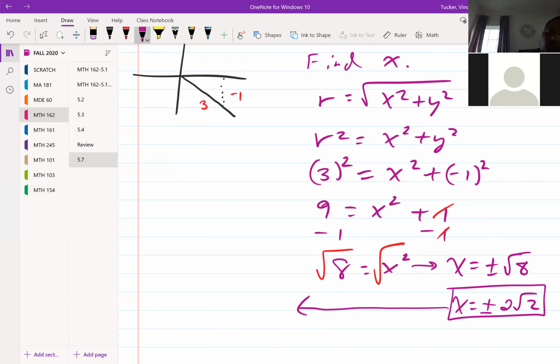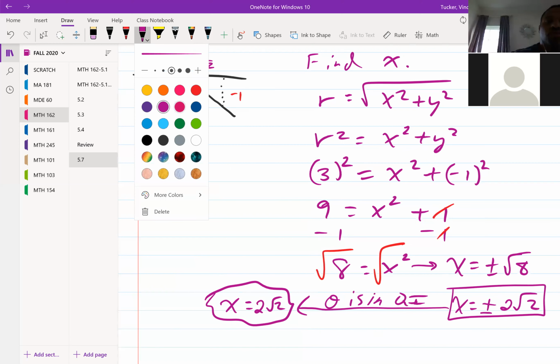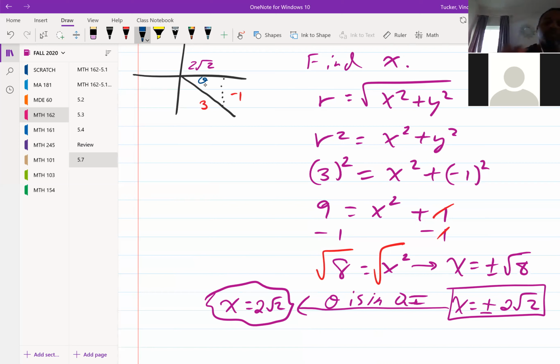And because theta is in quadrant 4, X is positive. Any questions before we look to finish it off?